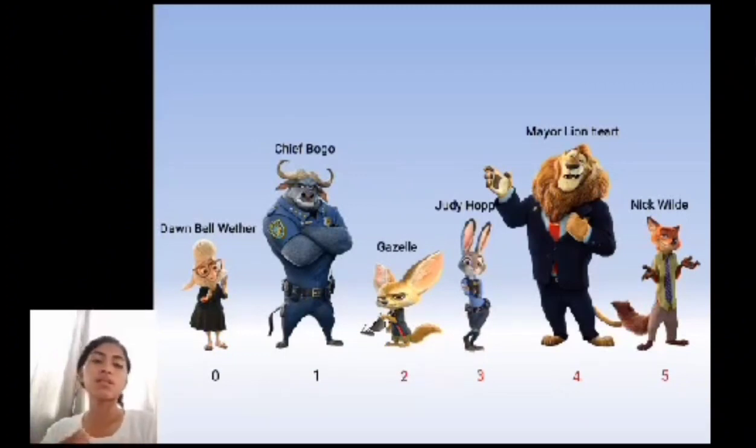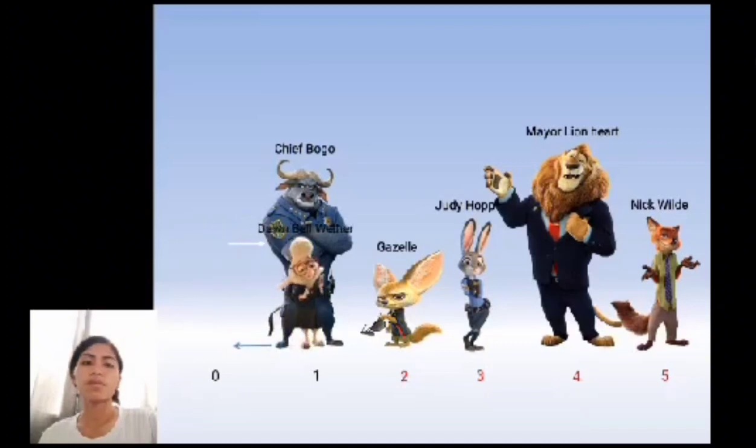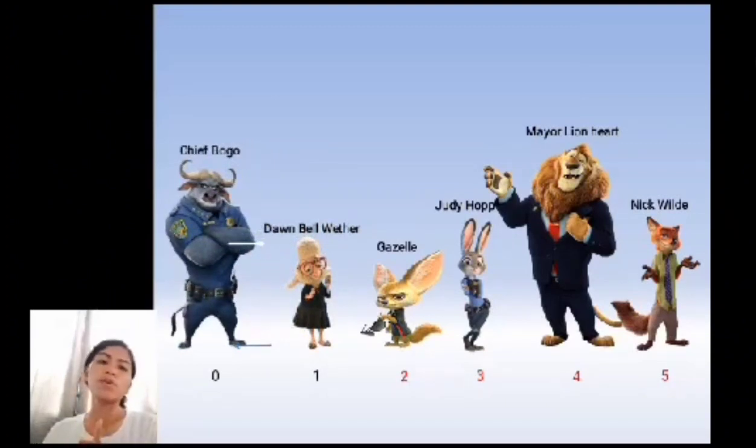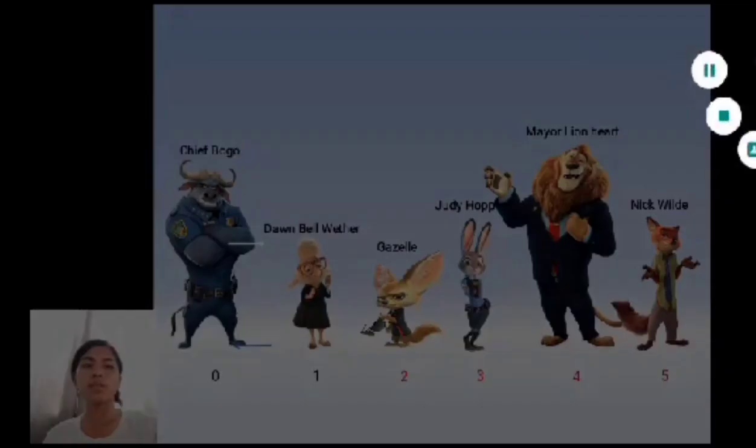So the list now is index 0 Downbell Wither, then index 1 is Chief Bogo. So Chief Bogo is now index 0, then Downbell Wither is now index 1.